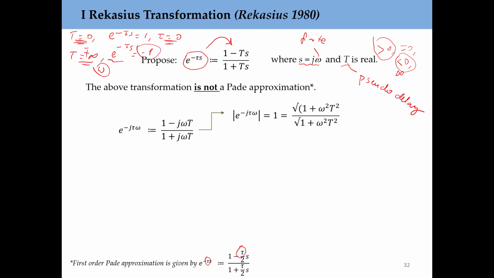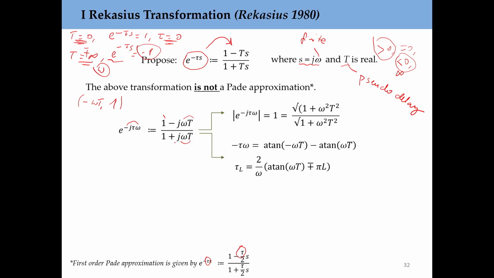How do we make it exact? Well, we just play with some complex numbers. The norm on both sides of the equation is equal to 1. With simple math, we can show that. And then we check the phase conditions. The left-hand side has a phase of minus tau omega. The right-hand side has a phase based on some arctangent functions. If you draw a little phasor with imaginary part minus omega T and real part 1, you can take the tangent inverse.